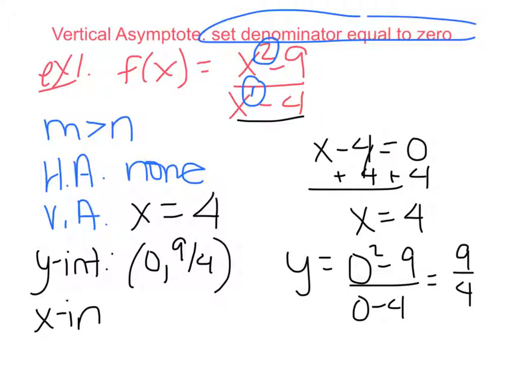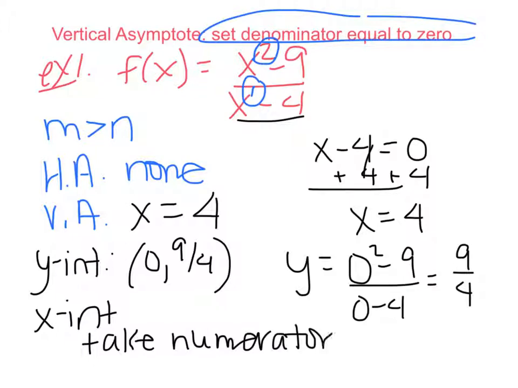My x-intercept, to find that, you are going to take the numerator and set it equal to 0. And the reason is because if you take your function, x squared minus 9 over x minus 4, and set that equal to 0 to find the x-intercepts, I'm going to put 0 over 1.